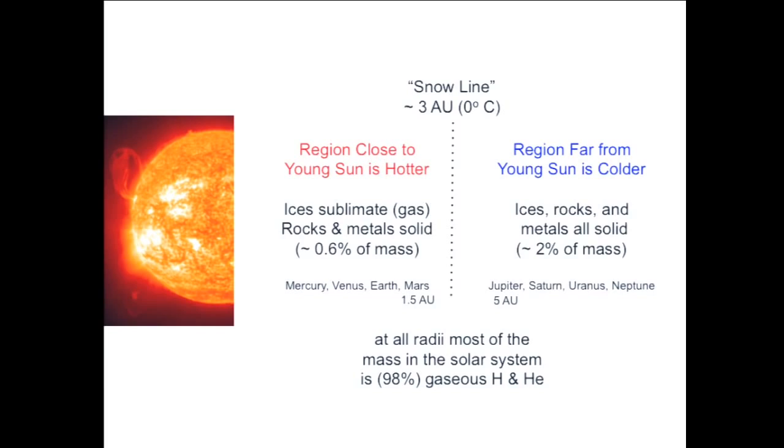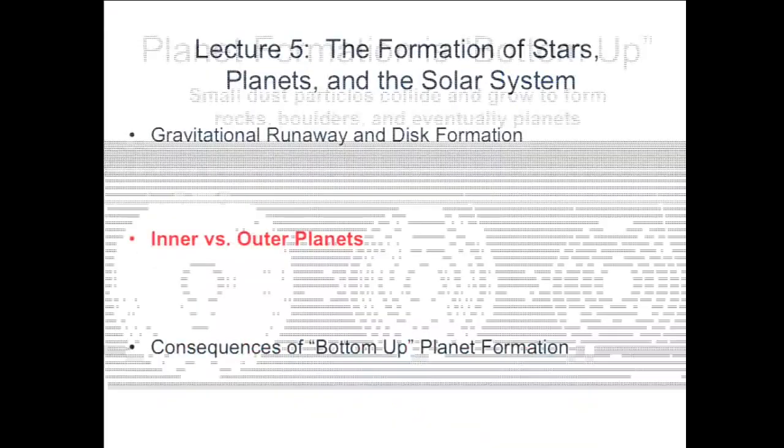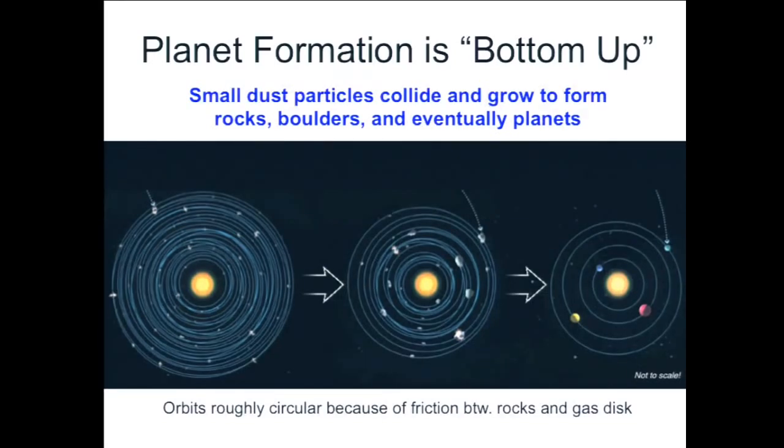In here, your ices are in the form of gas. The only solids you have are your more familiar rocks. What that means is that in the outer part of the solar system, there's actually more basic building blocks for this process, because you have icy rocks that have more mass in solid form.